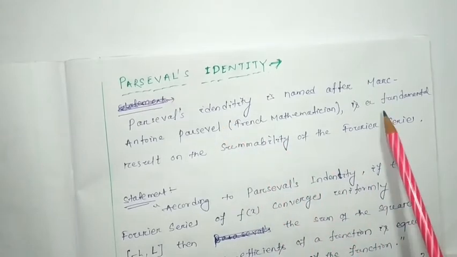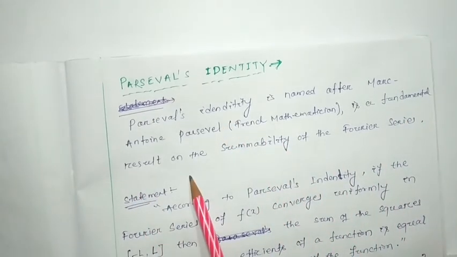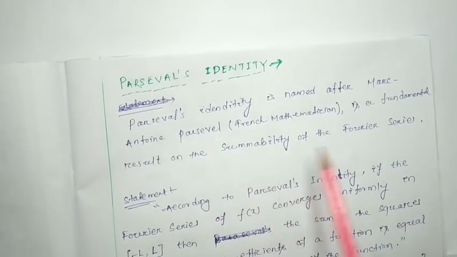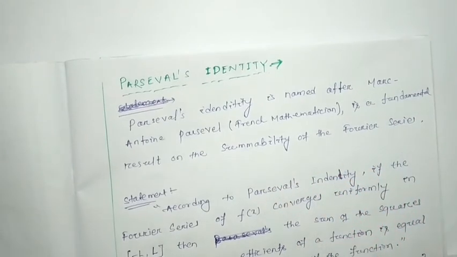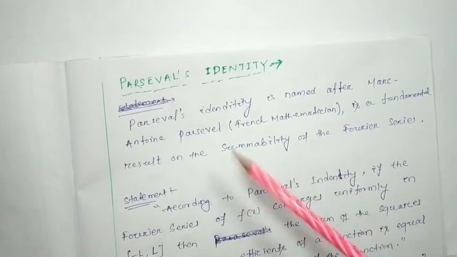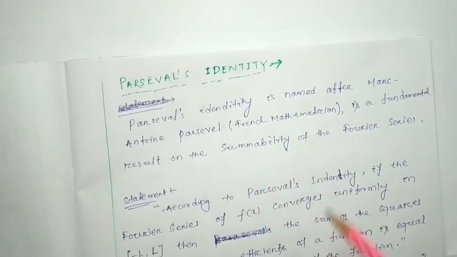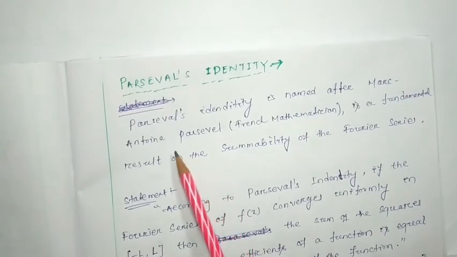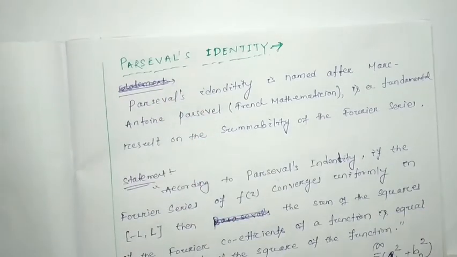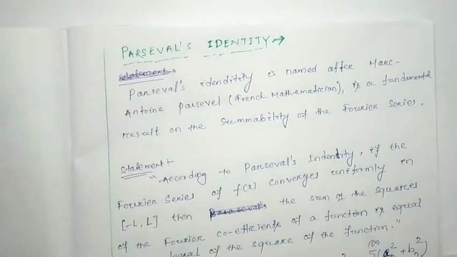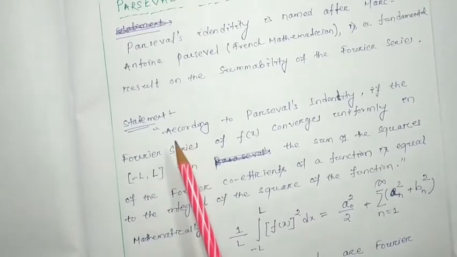It is a fundamental result on summability of Fourier series. So what he got, that we are going to discuss, and by his name it is called Parseval's identity.